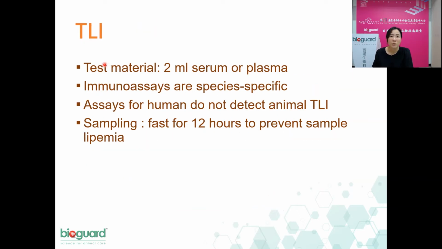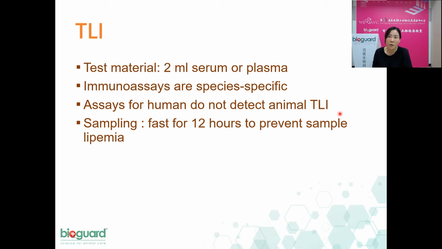So how to perform TLI? We need 2 milliliters of serum or plasma, and just as I mentioned before, these immunoassays are species specific. So we cannot use a human assay to detect animal TLI.